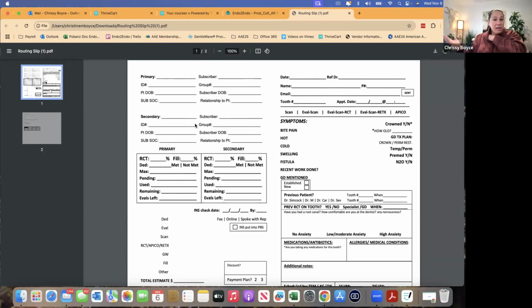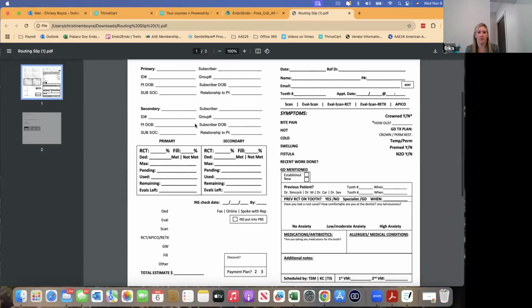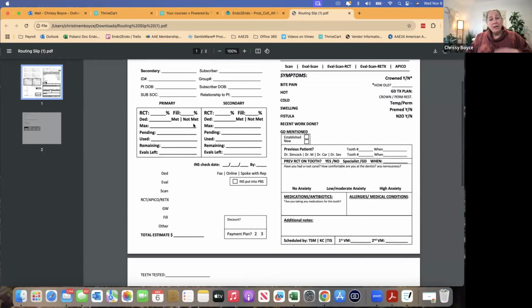Because if they're not going to be able to pay at the time of the appointment, you're not going to collect that money. Some people will pay, some people won't. But if they're protesting up front, telling you right away, hey, I can't afford this, great. Okay, so then you hang up the phone, you've got them scheduled.